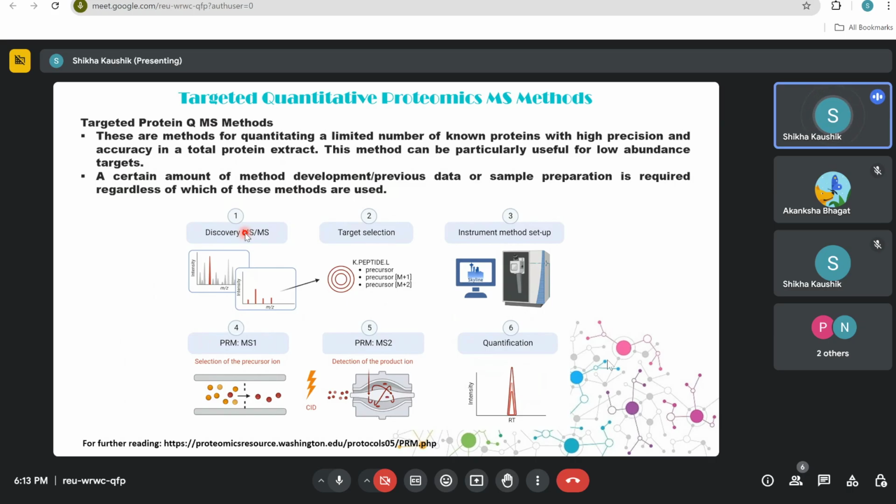Now, once you have the complete proteome, then you select your target. So you have the detail of the protein that you want to study. When you use the data of discovery MS, you are aware that these proteins are present in your sample.